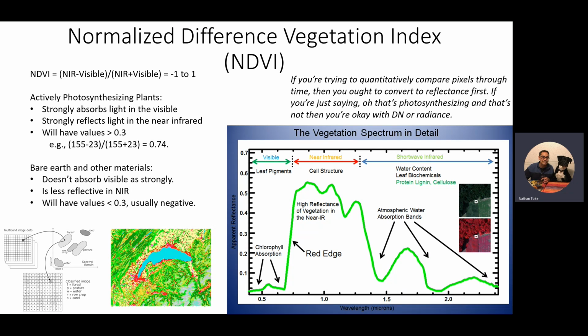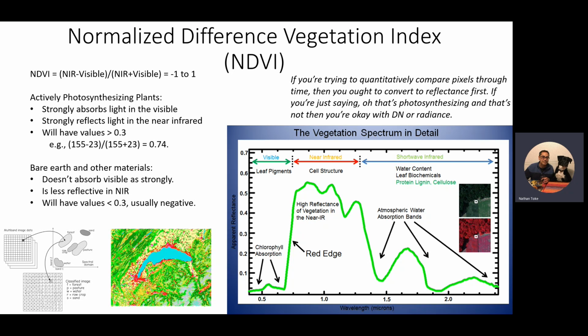And areas above 0 would be areas that have actively photosynthesizing plants present. Because basically, photosynthesizing plants are strongly absorbing light in the visible and strongly reflecting or emitting light in the near infrared. So generally this will have values greater than 0.3.